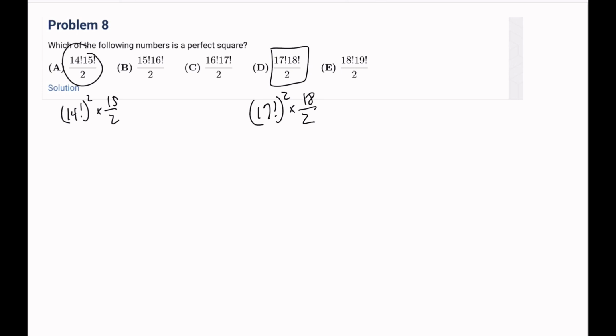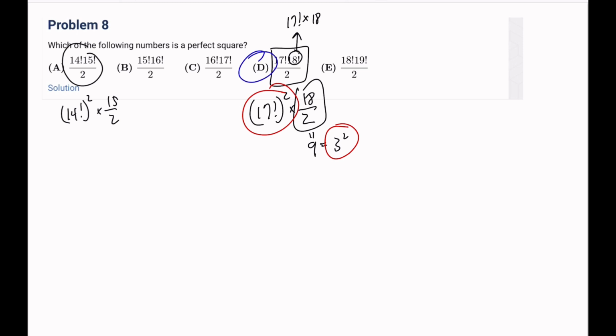Because 17 factorial times 18 factorial is 17 factorial squared times 18, so these two group together to make this. And so it's 18 over 2, and this is 9, which is 3 squared, so this is 17 factorial squared times 3 squared, which is also a perfect square. Therefore the answer is D.